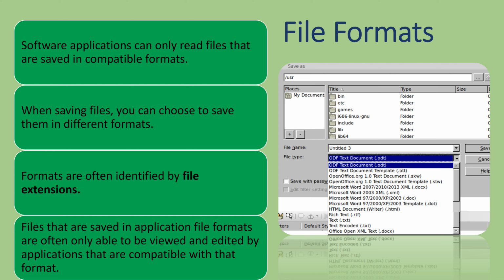File formats are often identified by file extensions. File extension means the letters at the end of the name of a computer file which show what type of file it is, such as .doc.